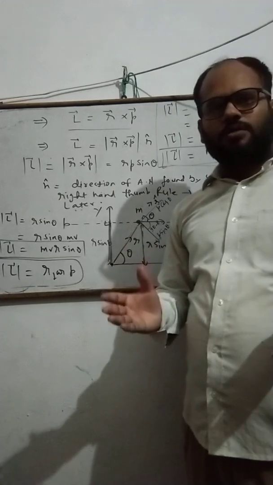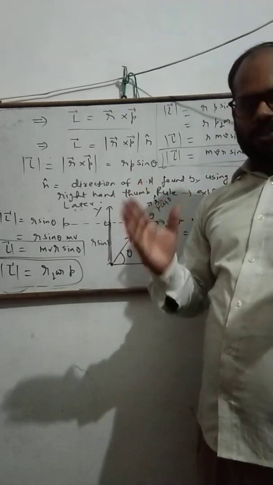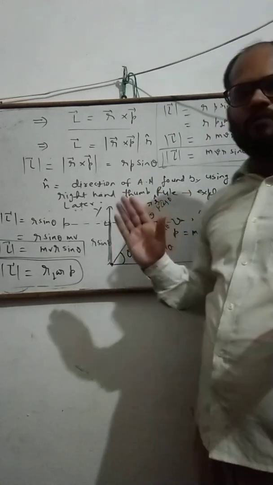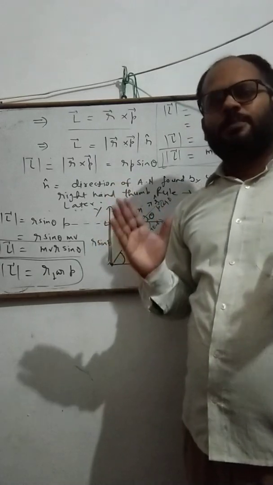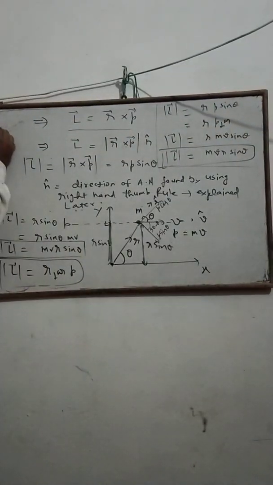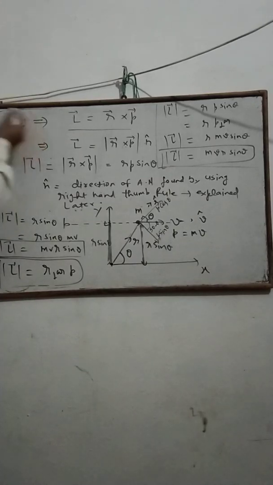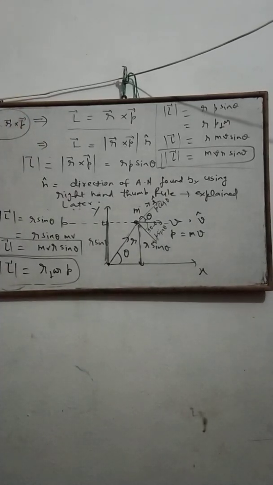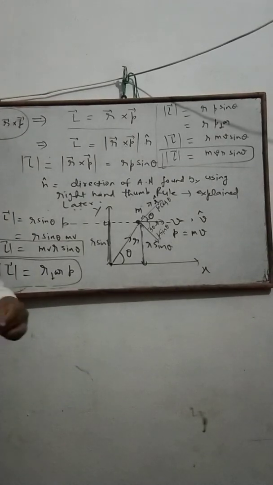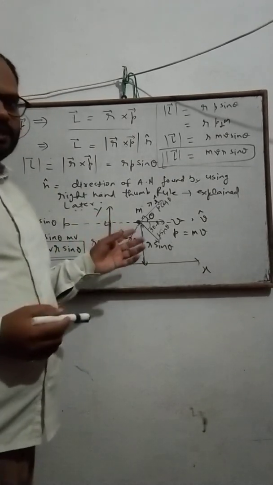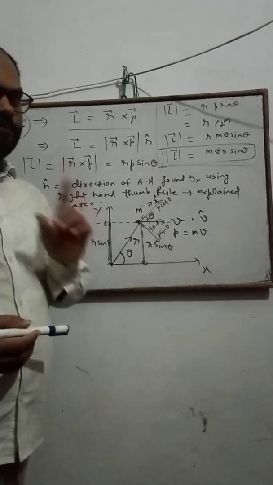Now let us talk about how you will find the direction of angular momentum. As you have written the formula r cross p, it is simply a cross product. The direction will be found out by the cross product, and previously we have written that it will be found by the right hand thumb rule.